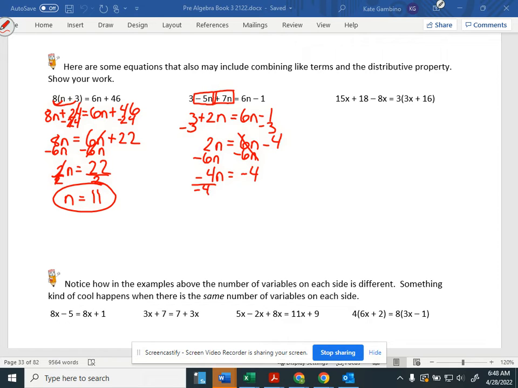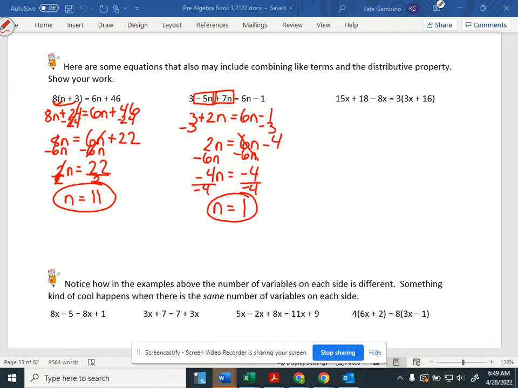So I'm going to divide by negative 4. And I'm going to have n equals 1. Again, if you plug that 1 into the original equation, it should become a true equation.